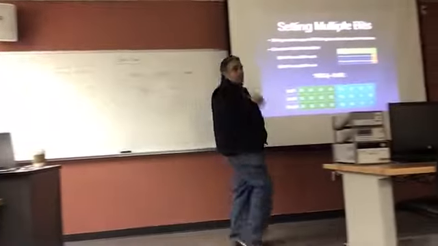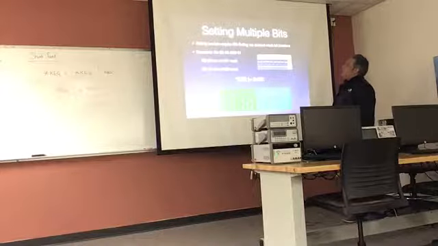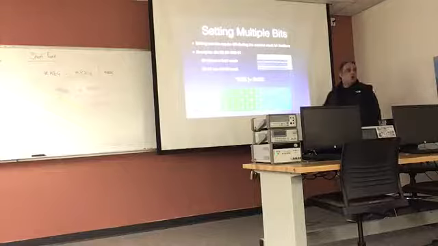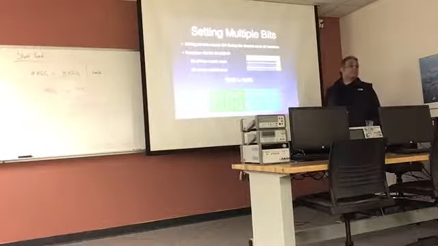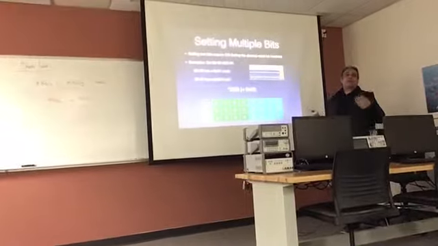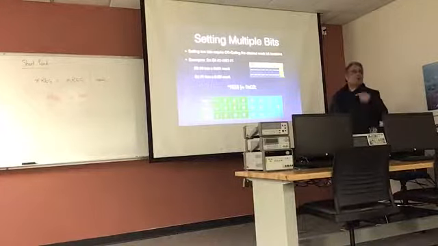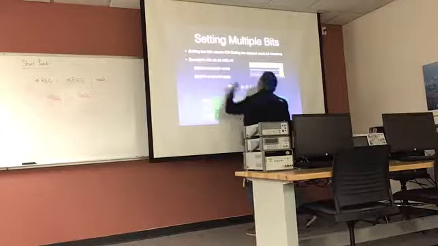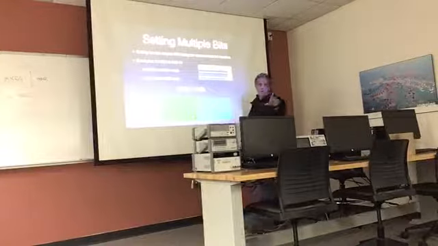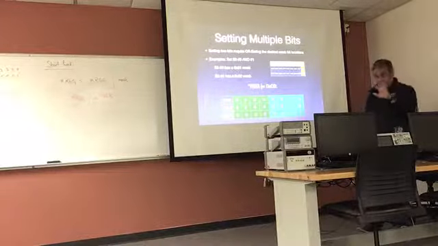And here's the part that some people usually get kind of a little bit confused. What if I want to set multiple bits, a whole bunch of them? Well, the beauty about this is that when you're using positive masking, you just have to simply put the bits that you want together. So for example, look at the wording. Look how I'm using the words. To set a bit, I have to use an OR gate. I know that, right? To set a bit, I must use an OR gate, okay?